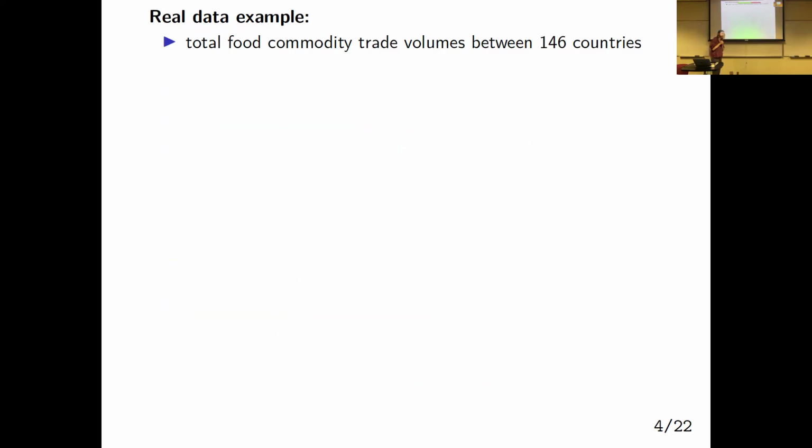To give you a real data example, something we'll circle back to, maybe we're interested in trade among countries. Each country could be a node, and then we could look at food commodity trade between different countries.